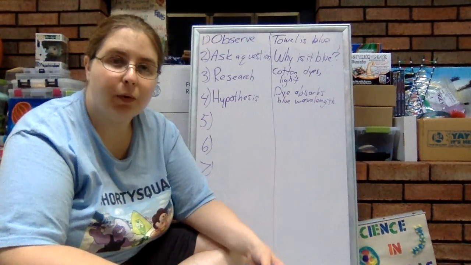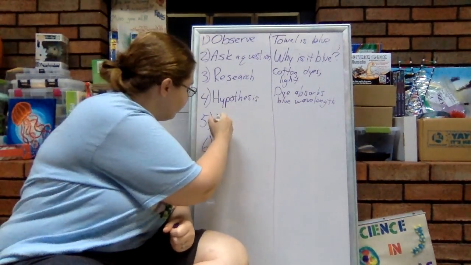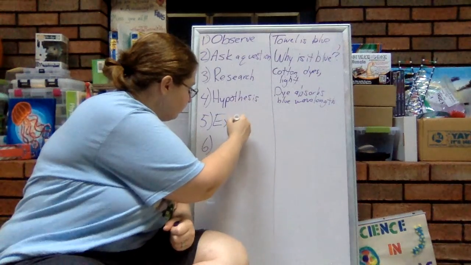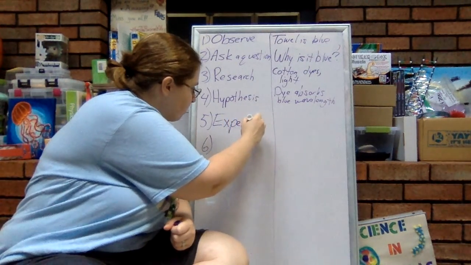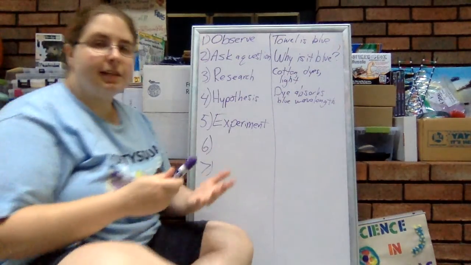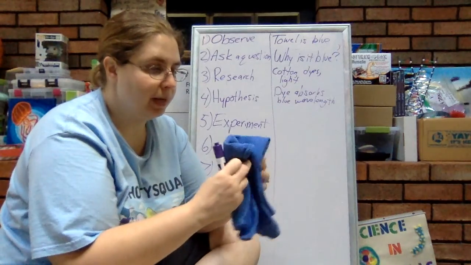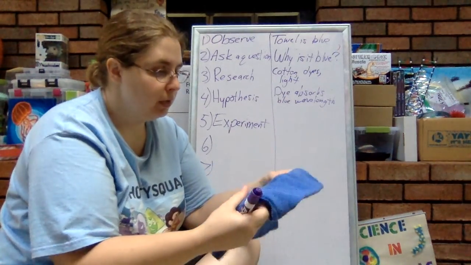Now that we have our hypothesis, we are going to run some tests. We are going to experiment. So I'm going to set up some way that I can test my idea about why this appears blue.